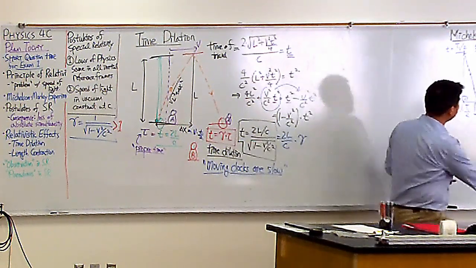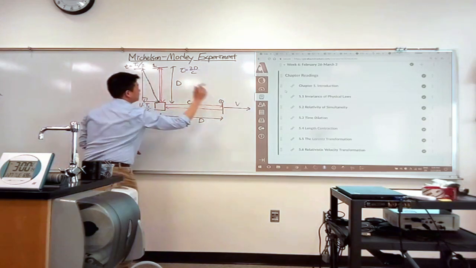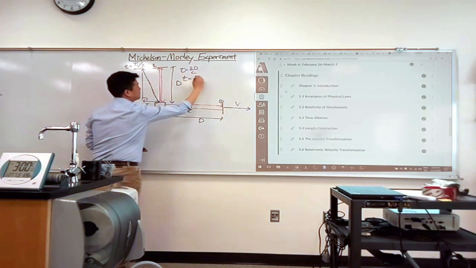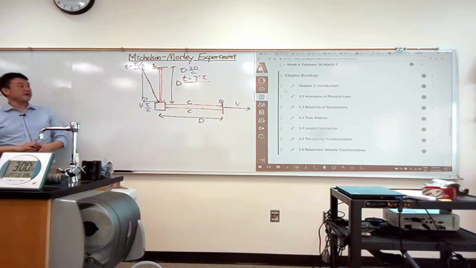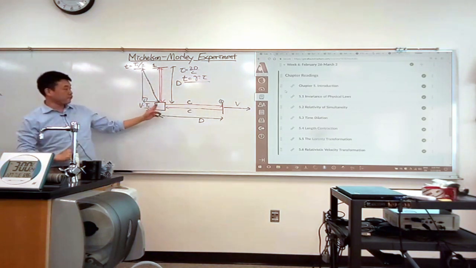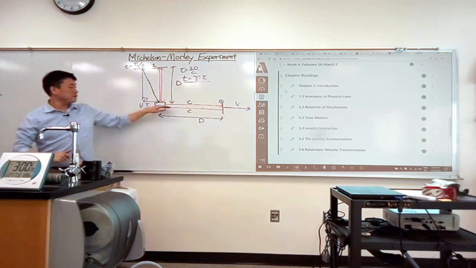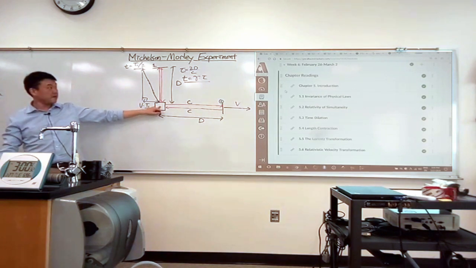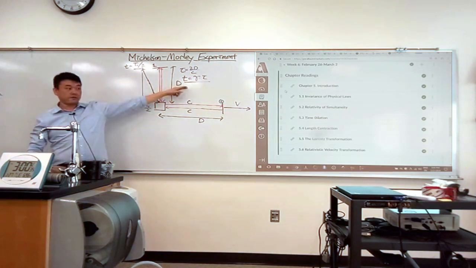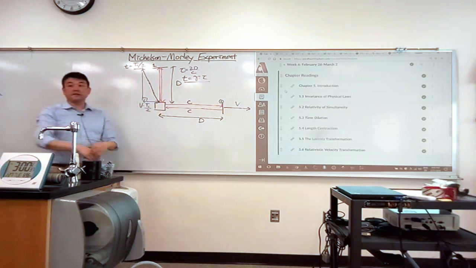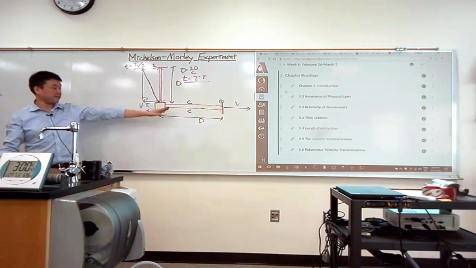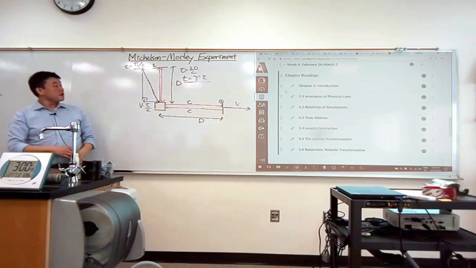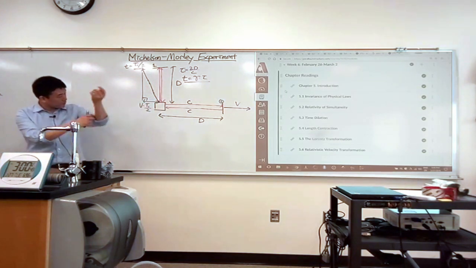So instead of this tau, as it's moving at speed v, the amount of time it takes will be gamma times tau. Now this is what I want to enforce. I want to enforce that the round trip time along this arm takes the same amount of time as this. So that when they come back and recombine here, there shouldn't be any interference fringe because they all come back at the same time. Okay? So let's try to figure that out.